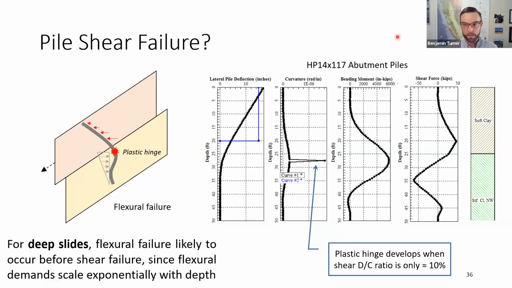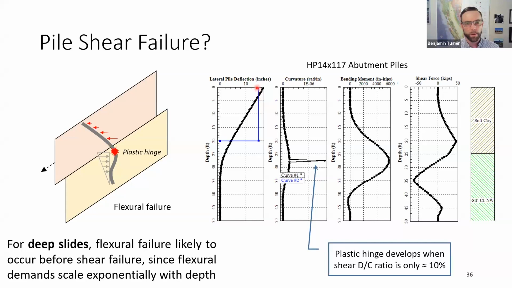We have a series of 4 plots here: deflection, curvature, moment, and shear force. In the plot on the left, you see this blue line near the top. That's the profile of ground displacement imposed relative to the pile foundation.